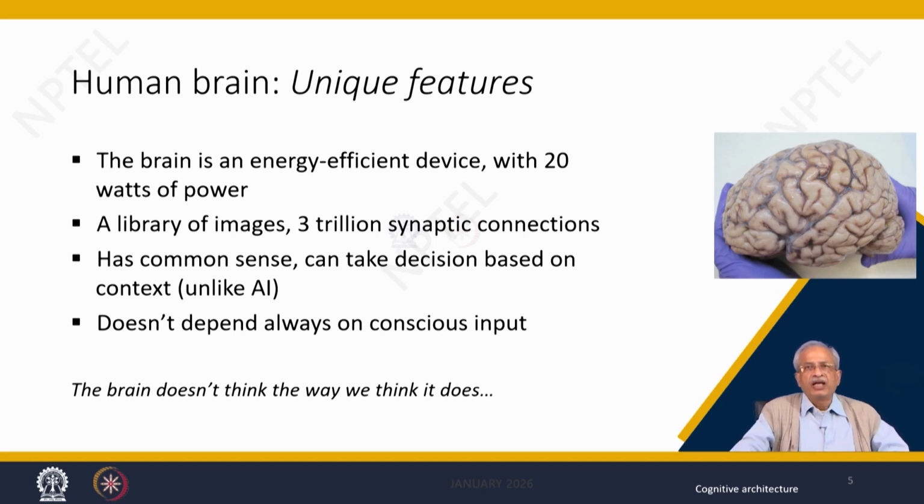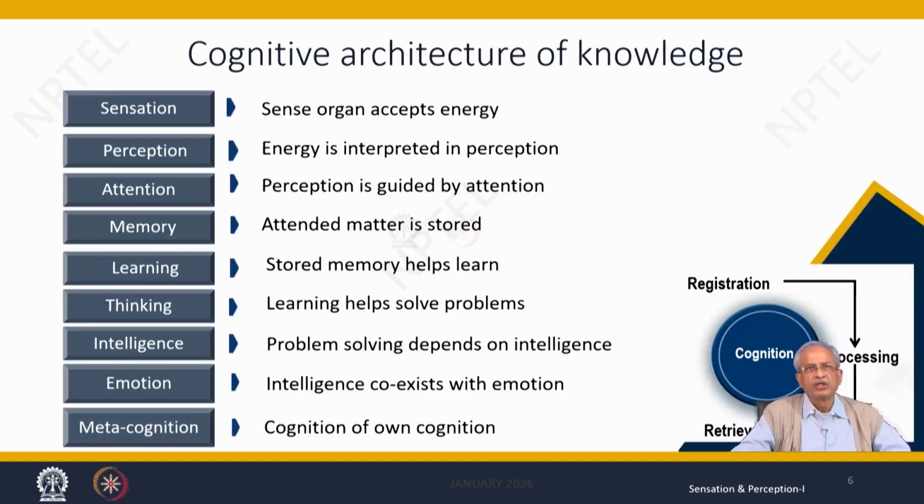So, in the next slide, I will tell you the cognitive architecture of the brain. That is, when a particular input enters our brain, how it is represented, how it is transformed, and then how it is retrieved through our process of memory and learning.